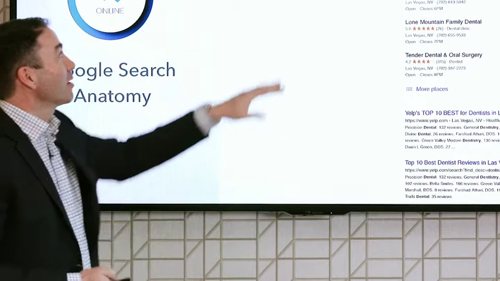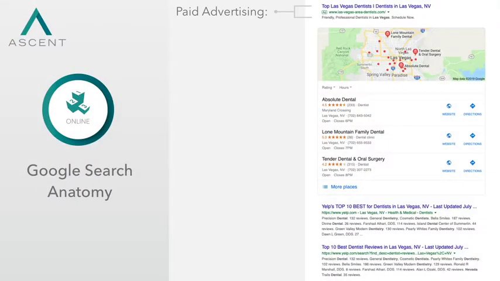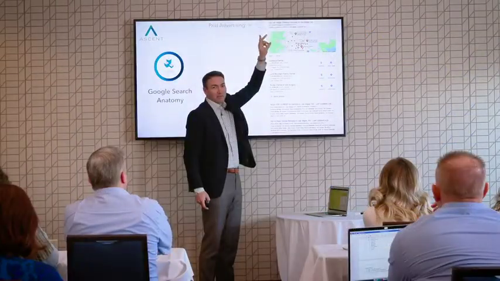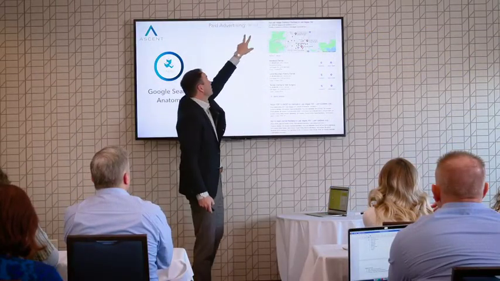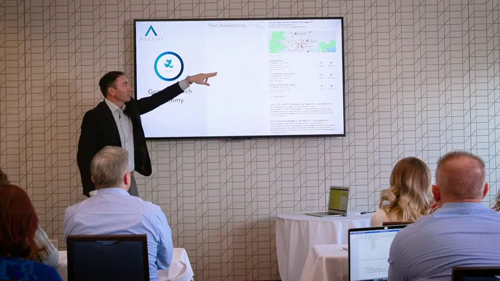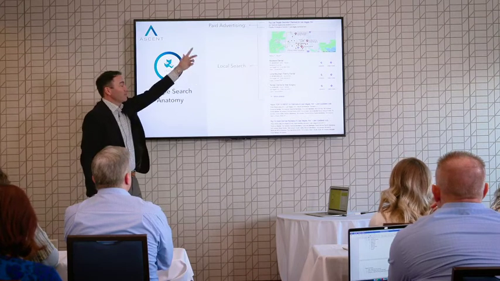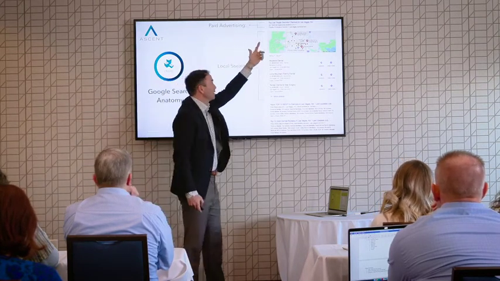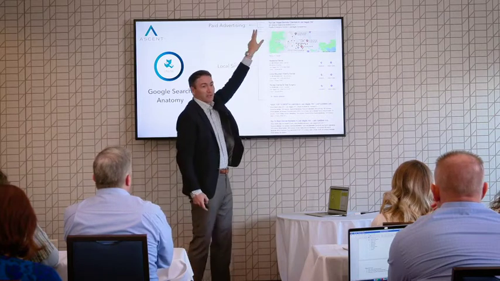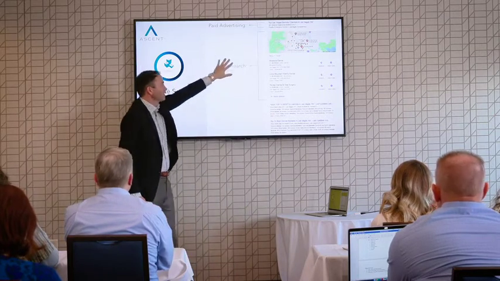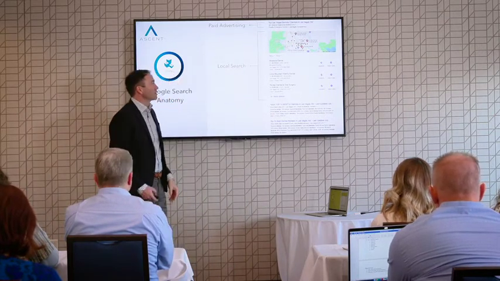Now, this top part up here, up above the map, it's going to display an ad or 2. There's always going to be 1 or 2 ads there, not always, but usually. And that's your paid advertising. Okay? And then when I talk about pay-per-click in a little bit, that's what this refers to. This middle section is your local search.